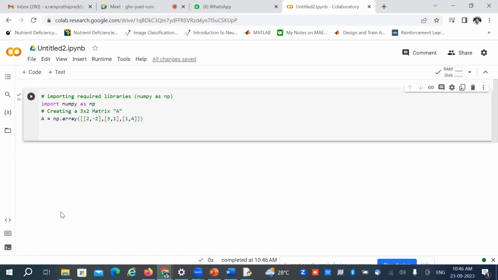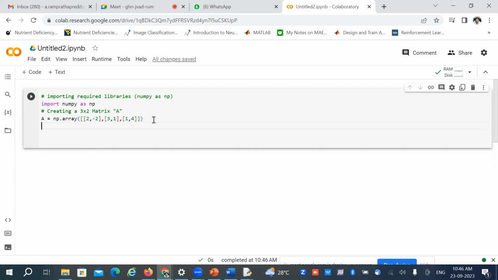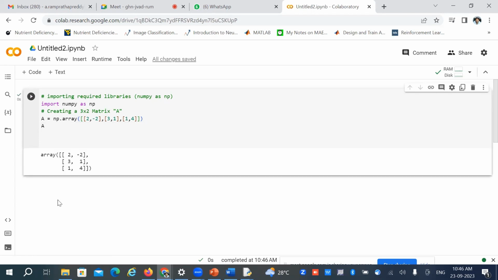The normal creation I'm displaying this way. See, this displays our matrix, 3 by 2: 3 rows and 2 columns.